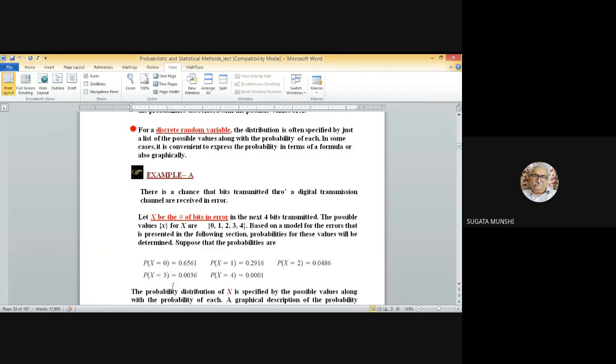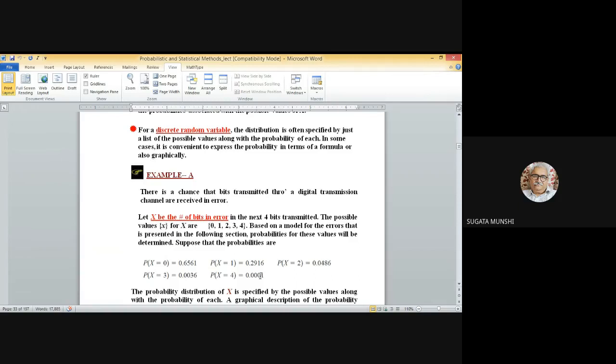And obviously, the worst possible situation is all 4 bits in error. That is for a very badly designed system, so that probability is also very small for a well-designed system. So these are very realistic values.